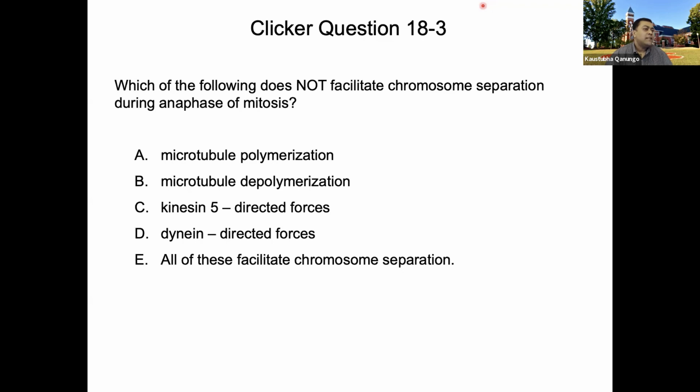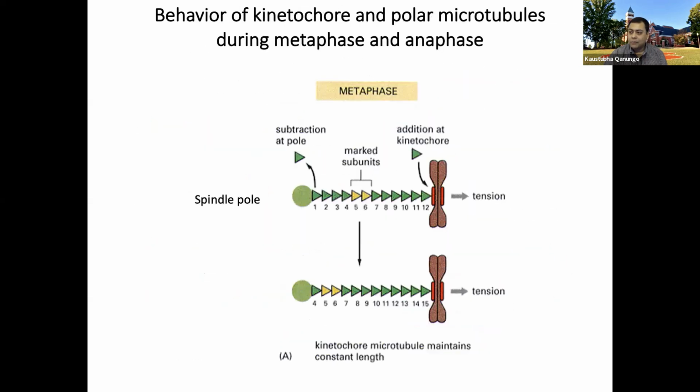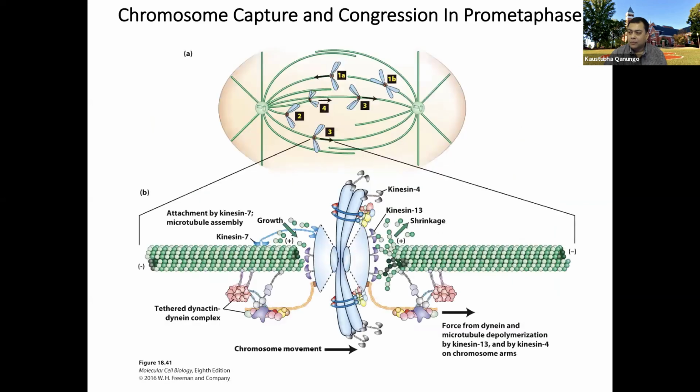So 46% answered A, and A is the correct answer. So, microtubule polymerization. See that this is a difficult question. Once you read the material, you will probably get it. So let's take a look here. If you carefully look, as I said, here you have a polymerization.